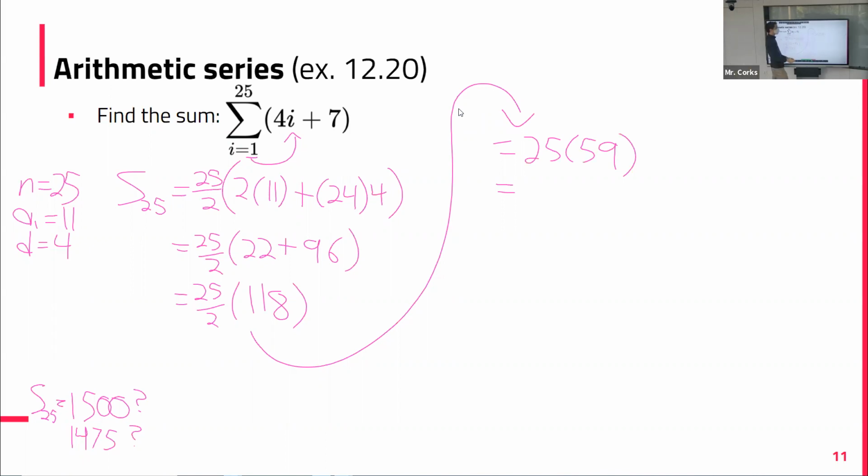And we could do this with long multiplication, yeah, so this is the 1,475. If I were doing this in my head, I would just think of this as 25 times 60 minus 25 times 1. Because 59, that's 60 minus 1. So, okay, so here's the 1,500, and then minus 25 here.